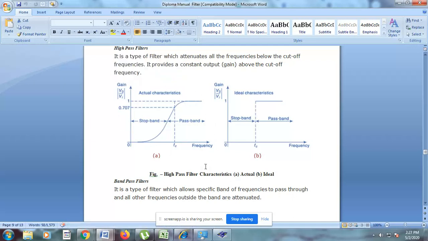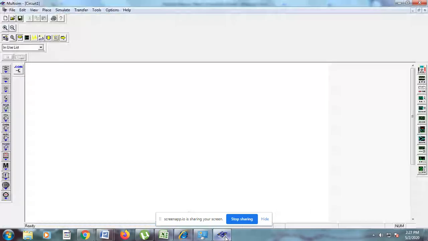Now we draw the low pass filter and high pass filter and check the output of both via Multisim. So first we draw a circuit of a low pass filter, and this is the Multisim software. This is the working page. This is the component bar. This is the measuring instrument bar.